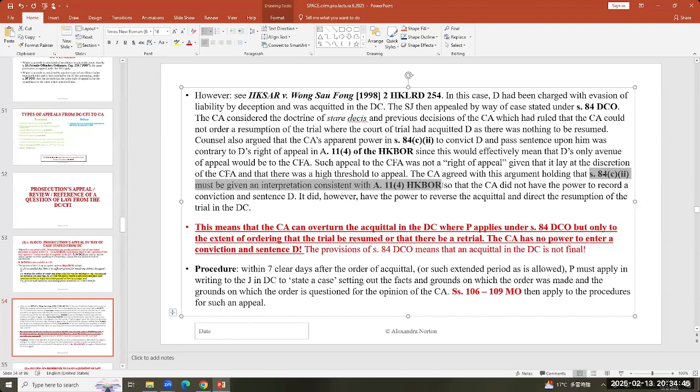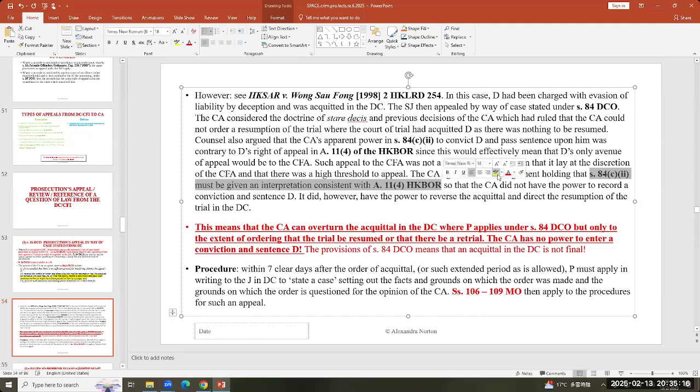Because if they did convict an acquitted defendant, there is no right of appeal to the Court of Final Appeal, right? In order to appeal to the Court of Final Appeal, you have to meet this very high threshold, and you have to get leave to appeal. So if they convicted him for the first time, there would be no right of appeal. And that is a constitutional right set out in the Bill of Rights.